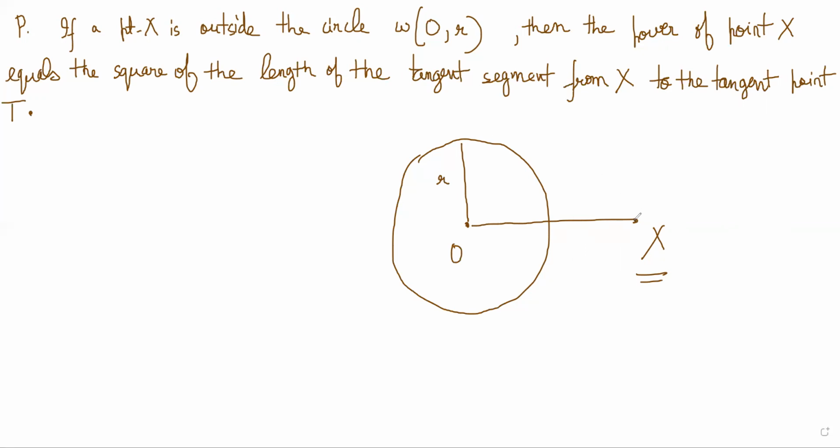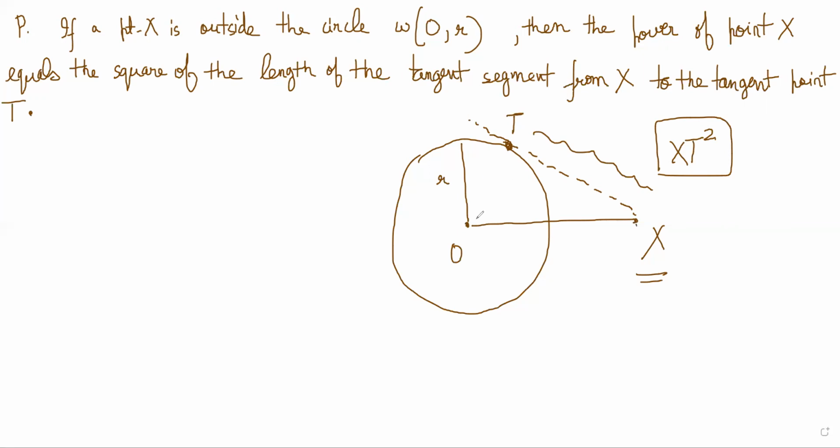If I draw a tangent from X to another point T here, this is my T point. So I am saying that the length of XT squared is equal to the power of point X.